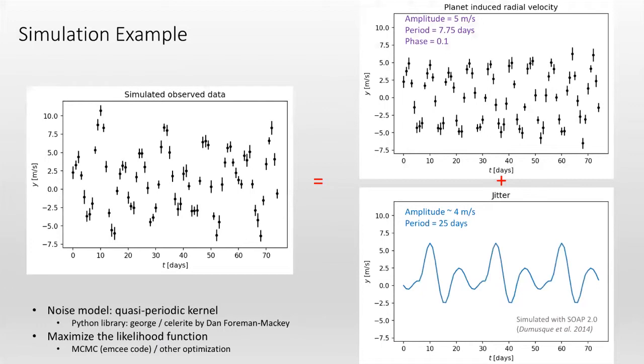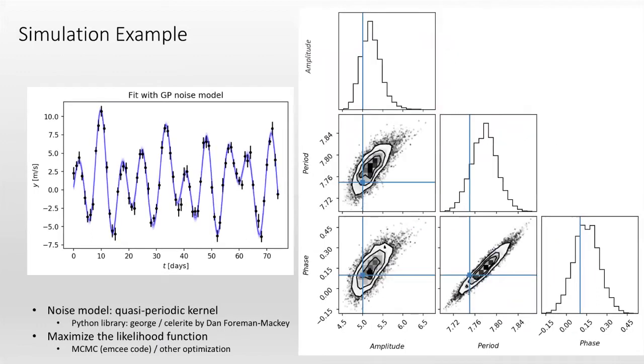We apply a Keplerian orbit as a model for the planet and also a quasi-periodic kernel for the noise model. And then we maximize the likelihood function. Basically, it's implemented in this Python library by Dan Foreman-Mackey. And we use MCMC to run the simulation, and that's what we get.